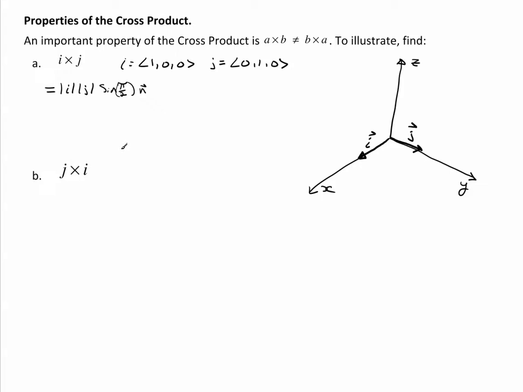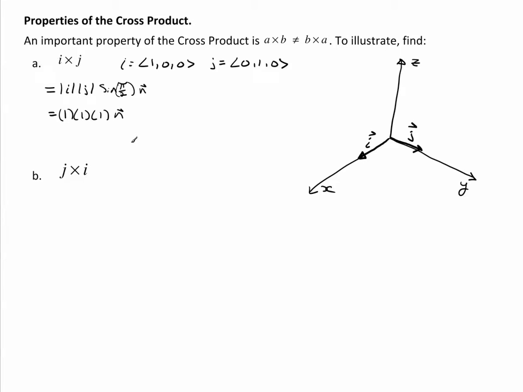Now, the magnitude of I is going to be 1, times the magnitude of j, which is also 1. Sine of pi over 2 is also 1, times this vector n. And we define this vector n based on the right-hand rule.